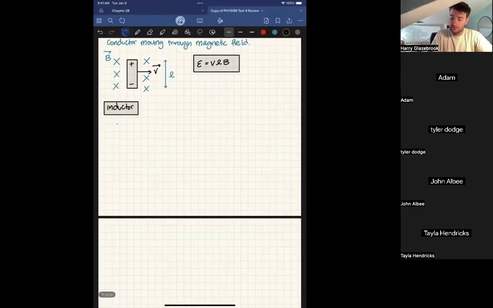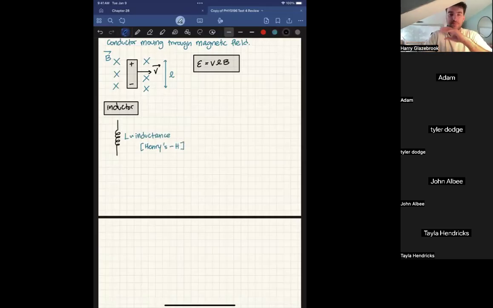The way it's written in a circuit is as a loop like this. And just like those other circuit elements, it has its own unit. It's called inductance. We note it with an L, and it has units of henries, which we just denote with an H.